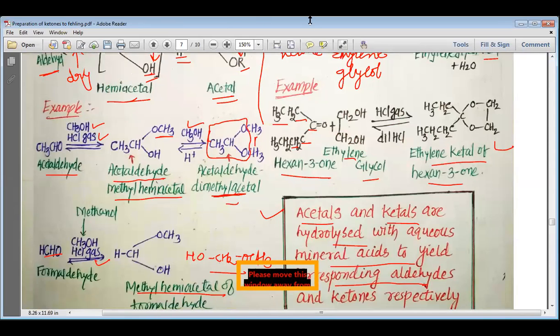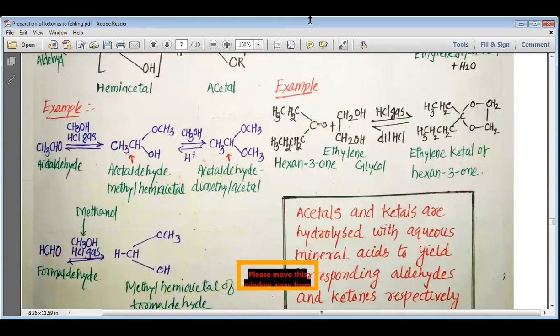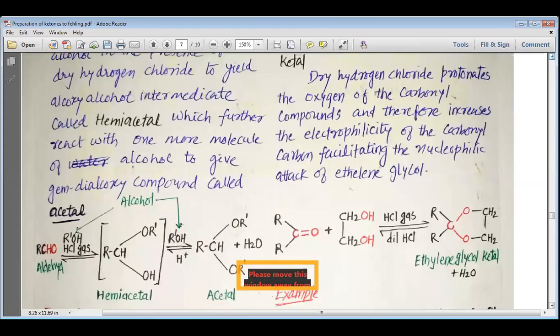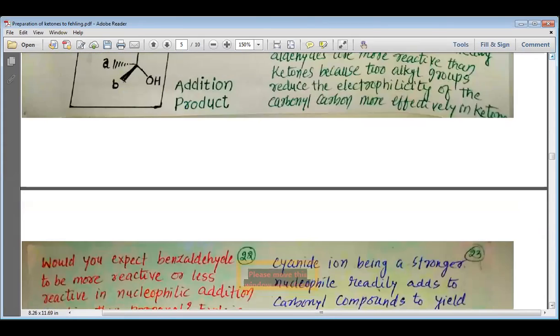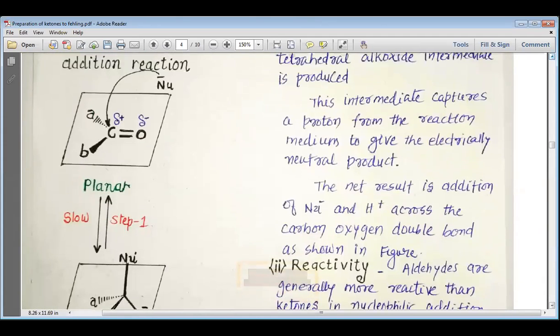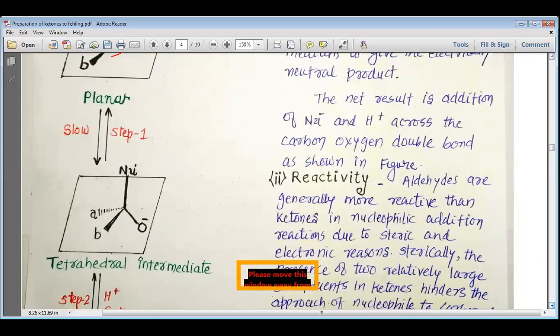Let us revise whatever we have discussed during the class. Let us go for a good revision of all the things that we have studied today. We have seen, my dear students, that carbonyl compounds undergo the nucleophilic addition reaction. Carbon, being less electronegative than oxygen, acquires a positive charge, and that is why the nucleophilic attack takes place on the carbon.